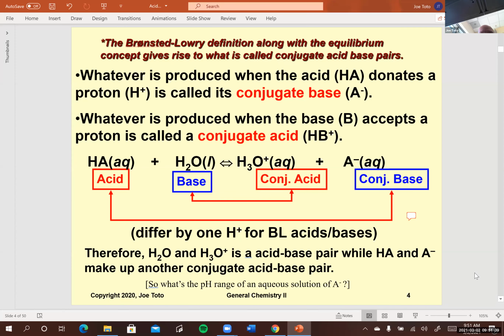So in this formalism, if we look at this reaction right here shown, and we look at the reactants, I have HA, some acid. How do I know it's an acid? Because it fits the Bronsted-Lowry definition of an acid. It's going to donate a proton. And in this case, the other reactant, water, is defined as a base because it's going to accept the proton.